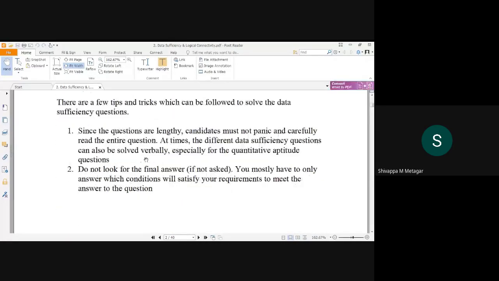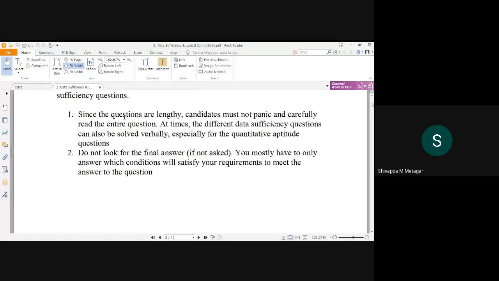First, if the given question is too lengthy, the candidates must not panic and should carefully read the entire question. At times, different data sufficiency questions can also be solved verbally, especially the quantitative aptitude questions. Second point, do not look for the final answer.